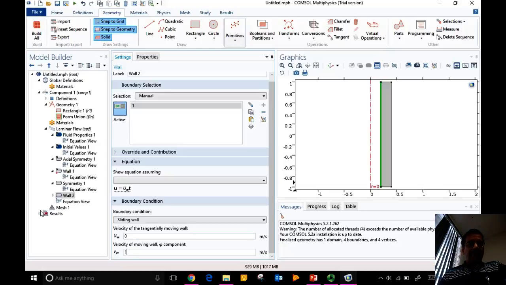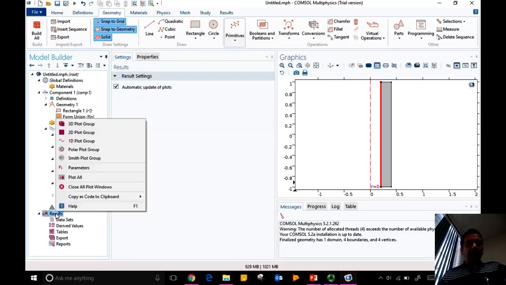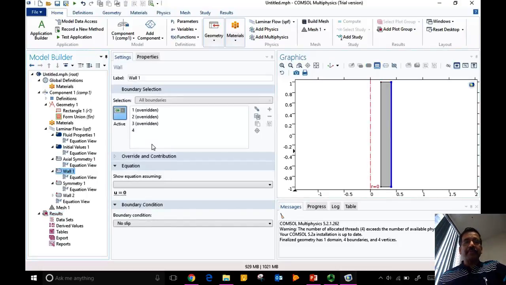Do you think I have specified all the issues? I haven't built the mesh, but if I go and say solve, surprisingly, it will just go and mesh it and then solve it automatically, okay? But I don't exercise any control over the mesh. You have to specify the boundary conditions. The other one, I think it's no slip. That one is by default, right? No slip, because that's the only.